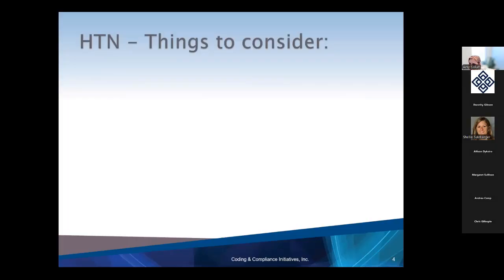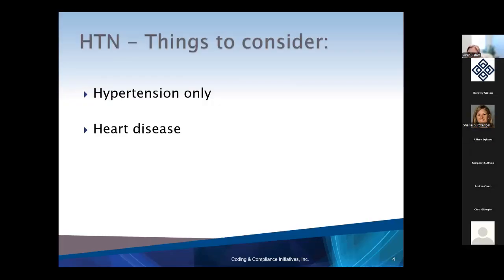So what are some of the things we want to consider when we're thinking about hypertension from a coding perspective? Hypertension only. If that's what they have, we are going to be looking for that specific diagnosis if it's evaluated and managed during this encounter. We're also wanting to start thinking about some of those underlying conditions.